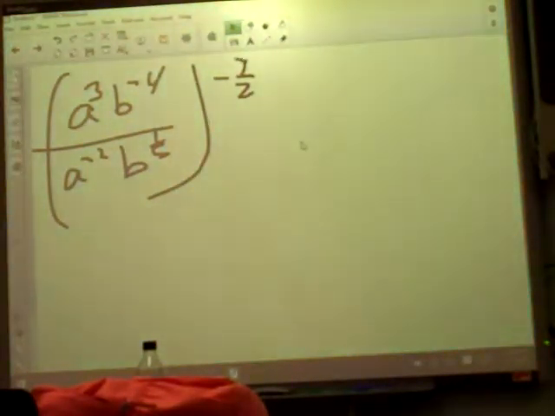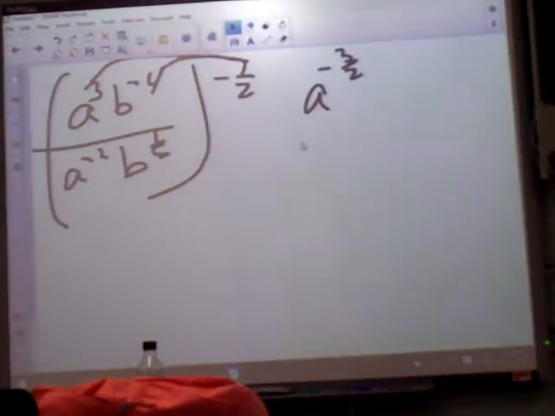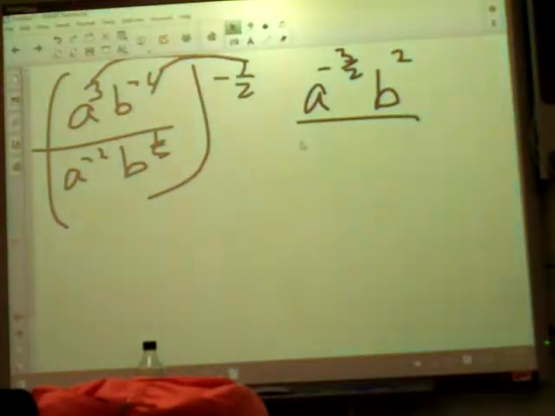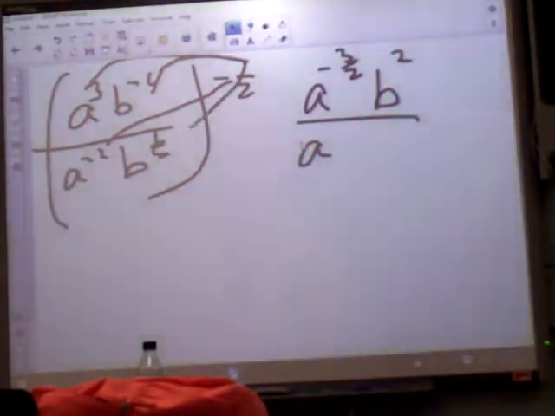So here we go. 3 times negative 1/2 on that a would be negative 3/2. Negative 4 times negative 1/2 on that b would be a positive 2, because the negative times the negative. Negative 1/2 times negative 2 would be a positive 1. And negative 1/2 times 1/5 would be negative 1/10.